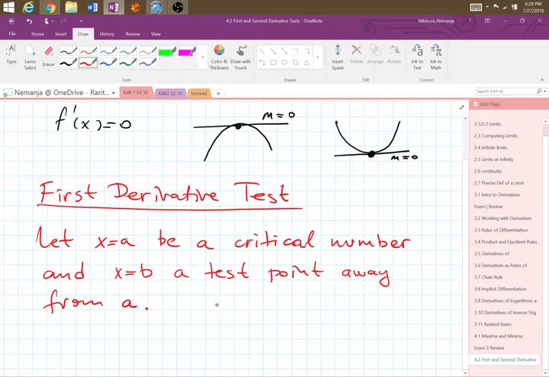Here is the graphic representation of that. So if a is here, b can be anywhere. Before or after a, that doesn't matter.